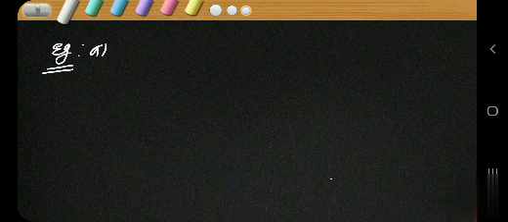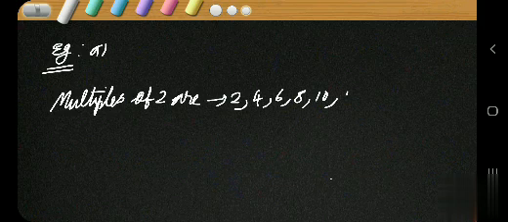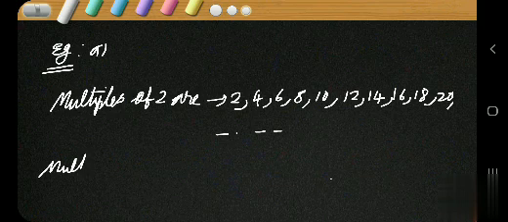Example A, multiples of 2 are, which are the multiples of 2? 2, 4, 6, 8, 10, 12, 14, 16, 18, 20, etc. Isn't it? Can you find the last multiple of 2? No, it goes on like this, isn't it?